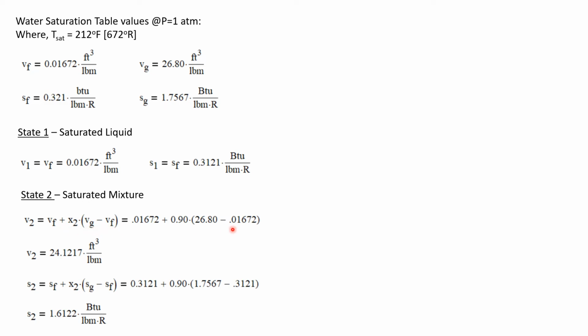We have all those values, and v2 is 24.1217 cubic feet per pound mass. s2 is just s sub f plus the quality times s sub g minus s sub f. And we have all those values as well. And we see that the entropy at state 2 is 1.6122 BTUs per pound mass R.